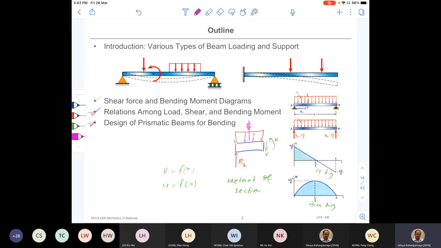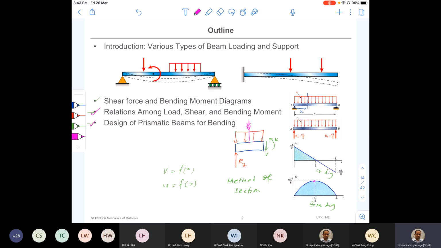So once you draw the bending moment diagram, you can find out the maximum values. And using what we have learned 2 weeks before, that is about the bending formula, right? So we should be able to find out the bending stress. Using that stress, we should be able to design a beam so that it will not fail by the applied bending moment or internally generated bending moment, right?